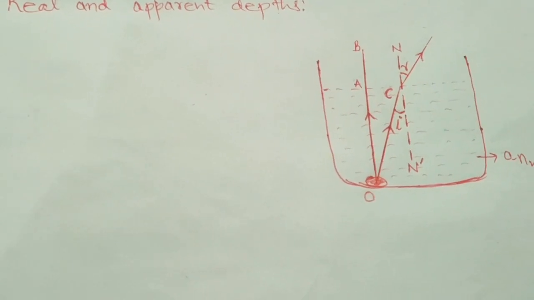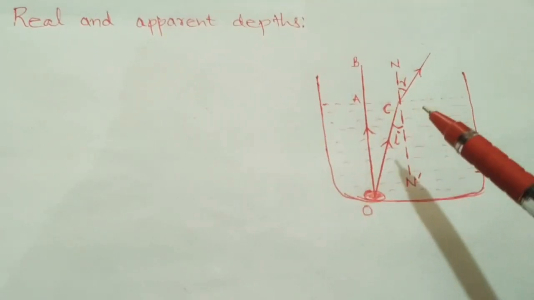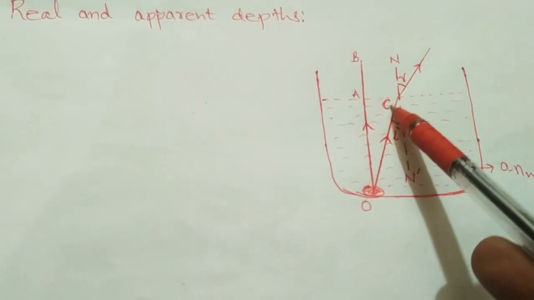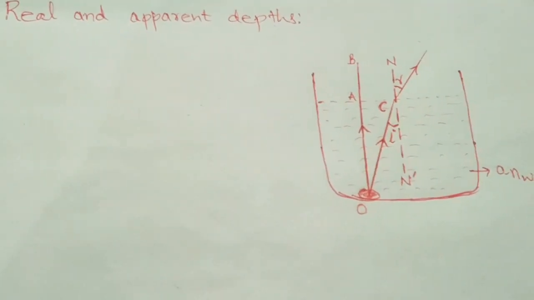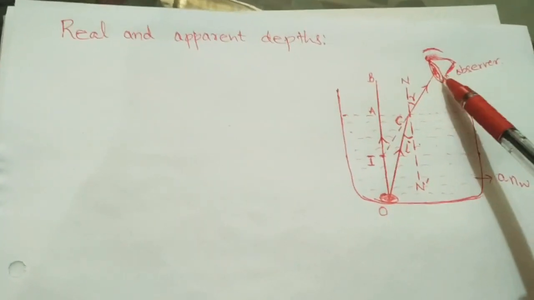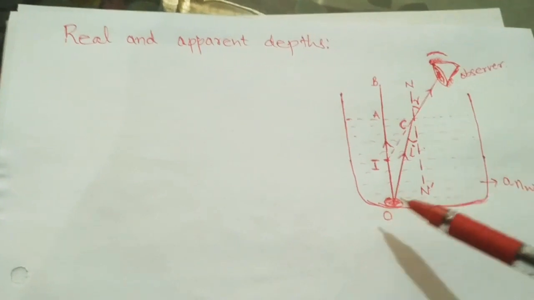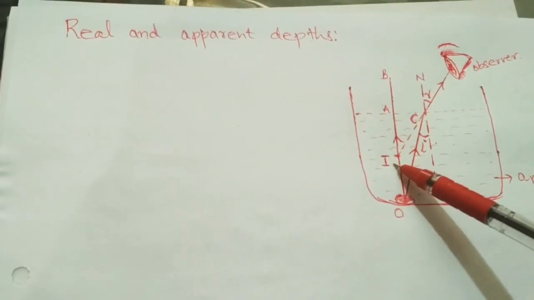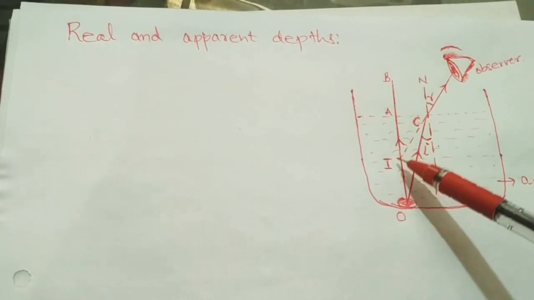Now let's draw backward to where the image will form, because someone will see from this point, so where the object will appear. Let's draw the image. So for the person who observes this, this object which was lying at the bottom will appear at this point. This will be the image.